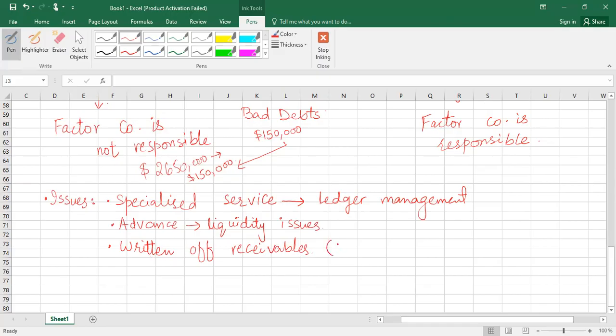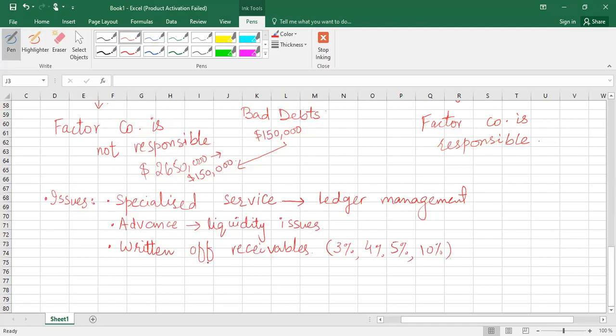They are somewhere facing this 3%, 4%, 5%, or maybe 10% as bad debts and they are unable to resolve this issue. They usually face this problem and it affects their profit margin.